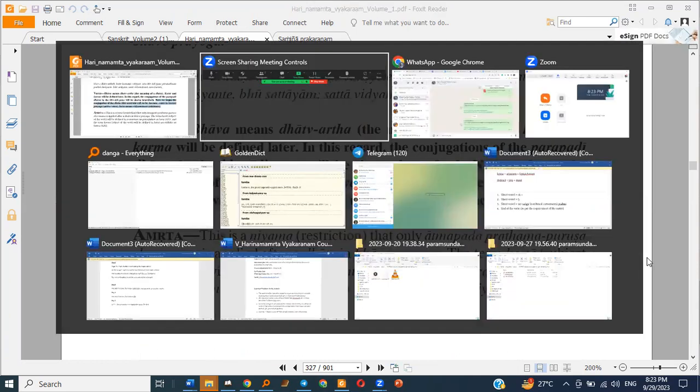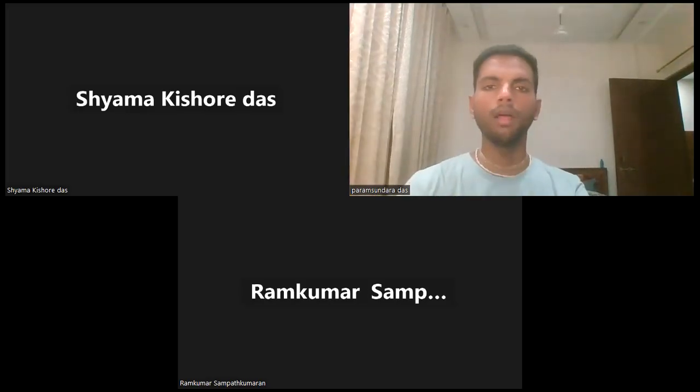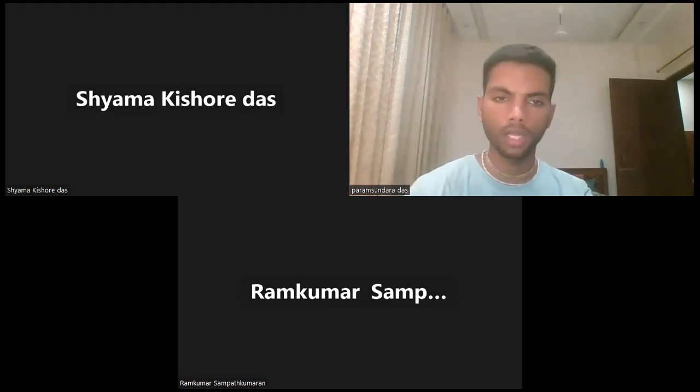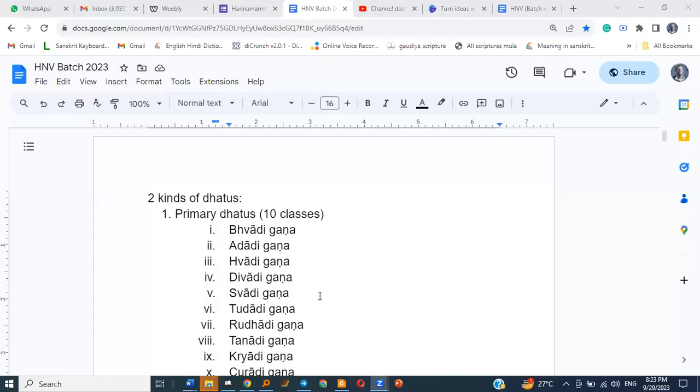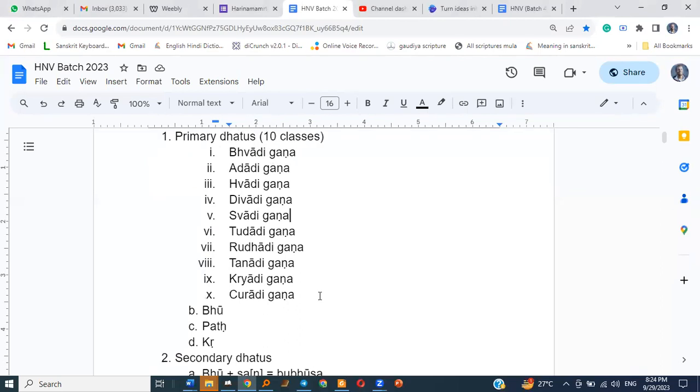So as I had mentioned earlier, we have these 10 classes, 10 groups of primary dhatus. So first of all, we begin with the Bhvadi Gana. So here we begin with the Bhvadi Gana.